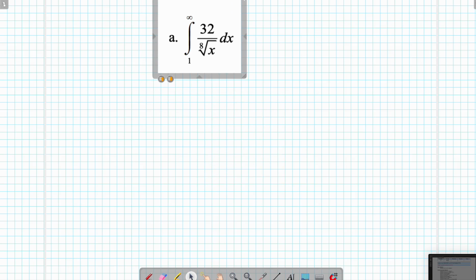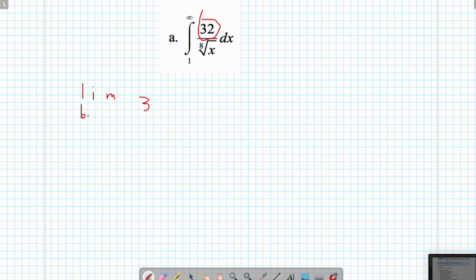So for part A, let's start with the limits, and let's take the 32 out since it's a constant. So the limit as b goes to infinity, 32 into the integral from 1 to b, x to the negative 1 over 8.